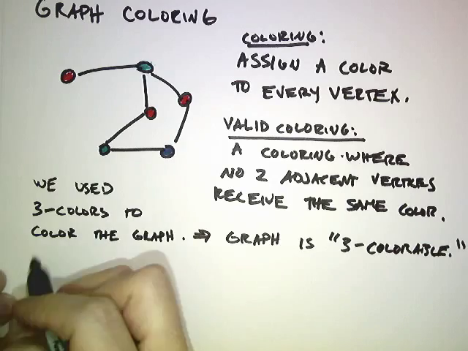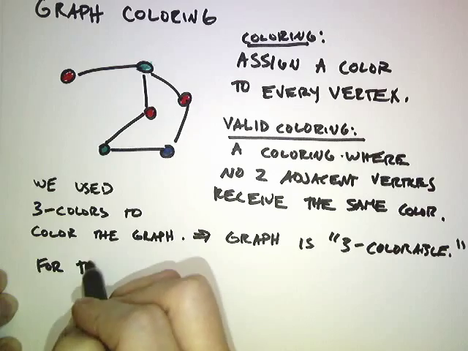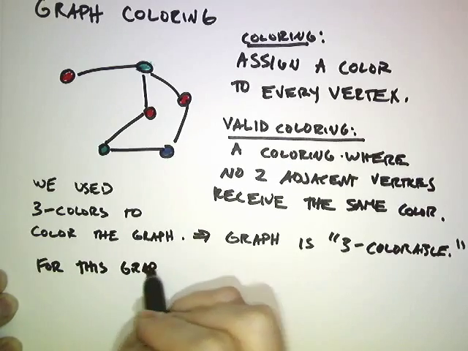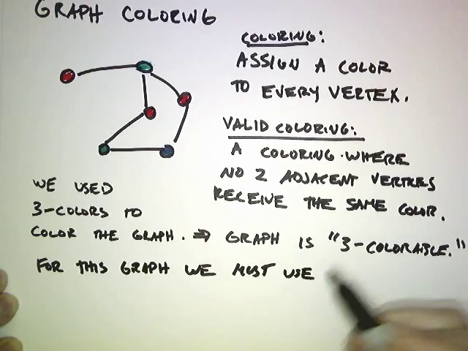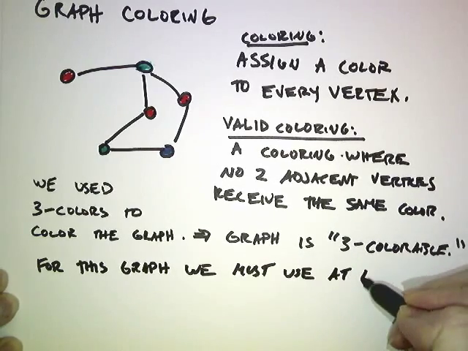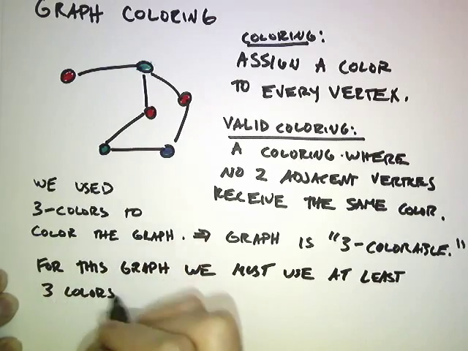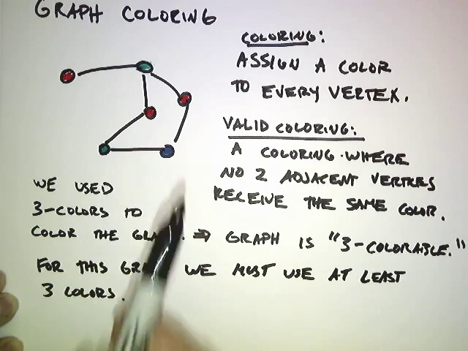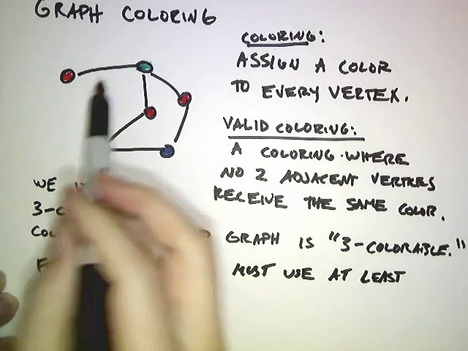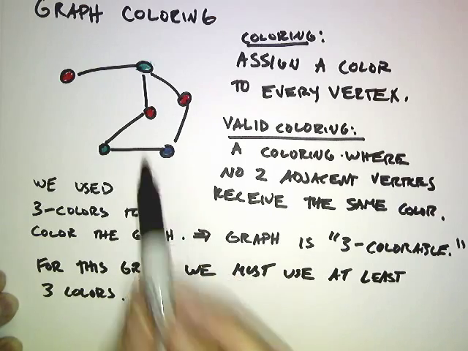It turns out that for this particular graph, we must use at least 3 colors. Why is that? You'll see how to identify that property in an upcoming lecture. But for right now, let me just tell you, or take it on faith, that this graph does indeed need at least 3 colors. We were able to color it with 3 colors.